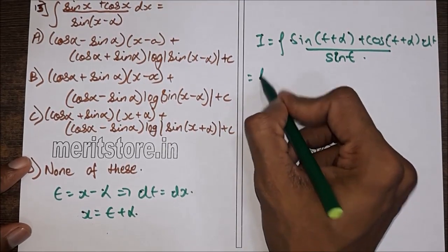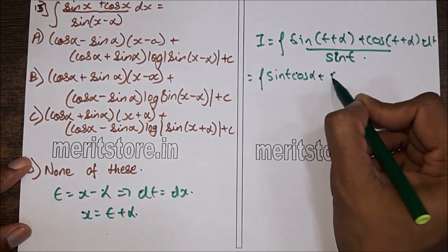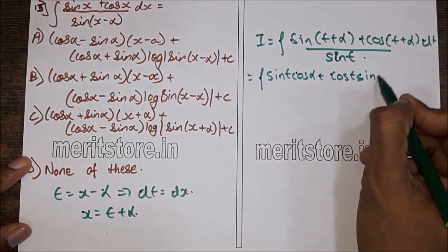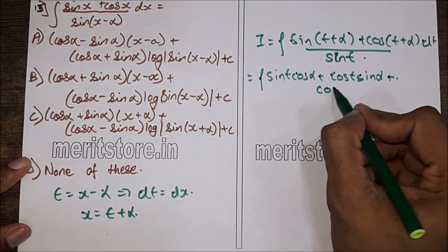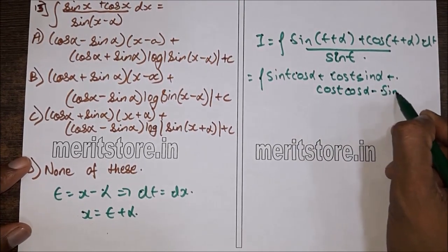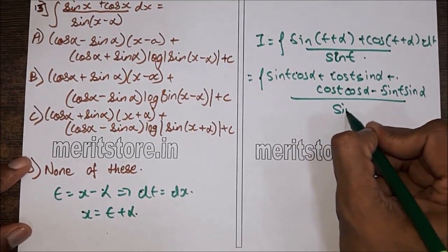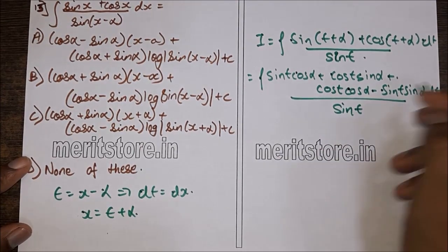We can write this as integral of sin t cos alpha plus cos t sin alpha plus cos t cos alpha minus sin t sin alpha upon sin t dt.